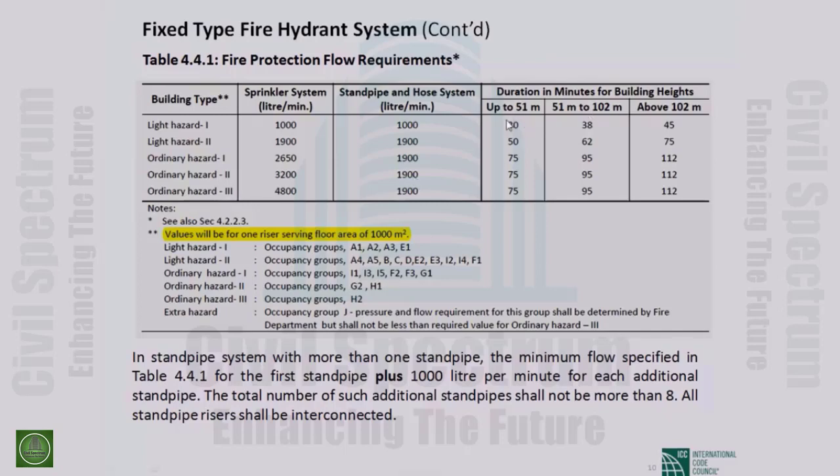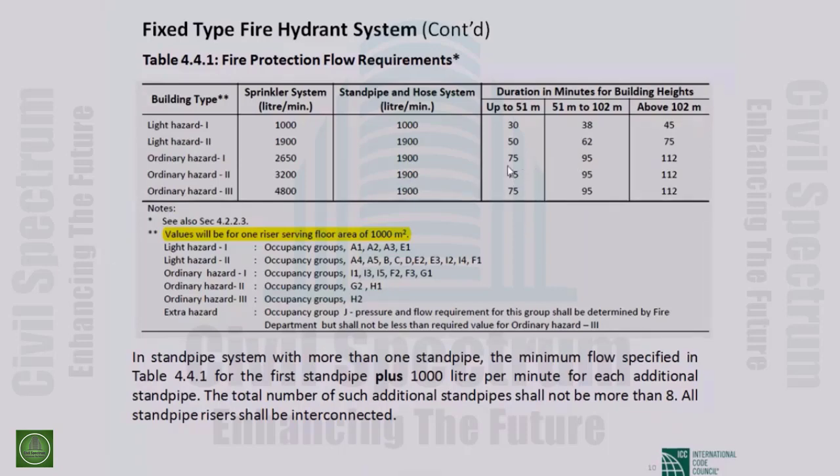If your building height is within 51 meters, you will take 75 minutes. If your building is more than 51 to 102 meters, then you have to take 95 minutes. If your building is above that, you need much more time. So if I think about our low-rise building, a garments factory, then for a standpipe we have to take 1900 liters per minute of water and multiply by 75.